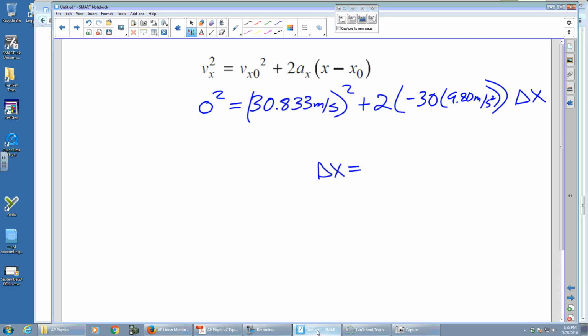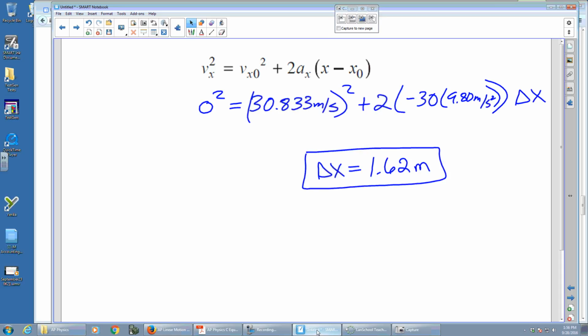I get 1.62 meters, which seems reasonable, right? Seems in the realm of realities.